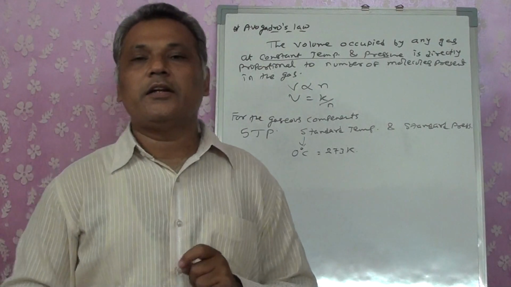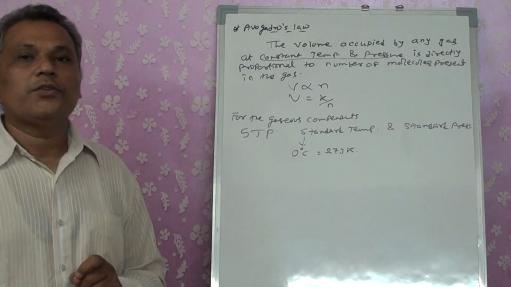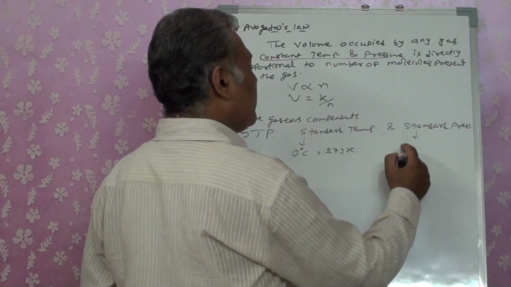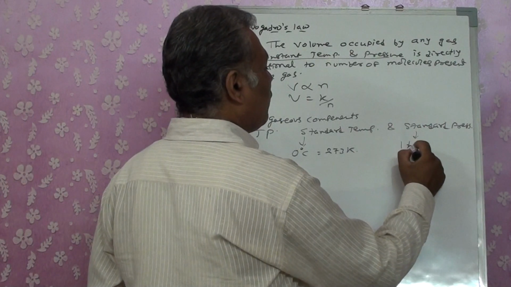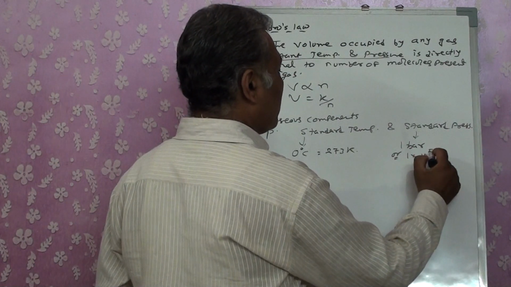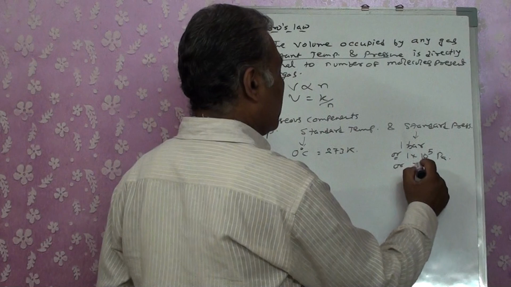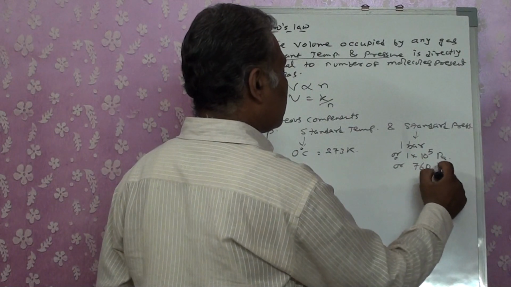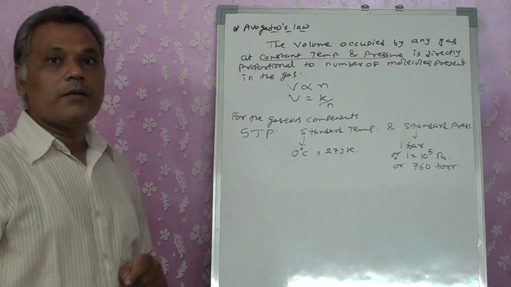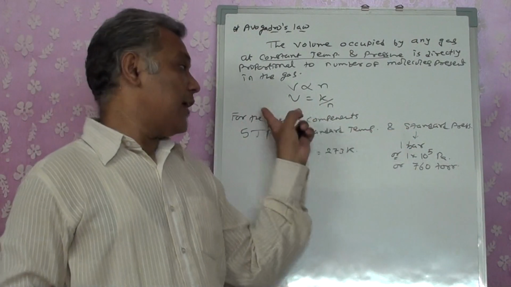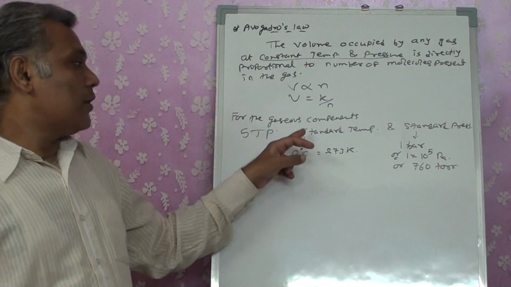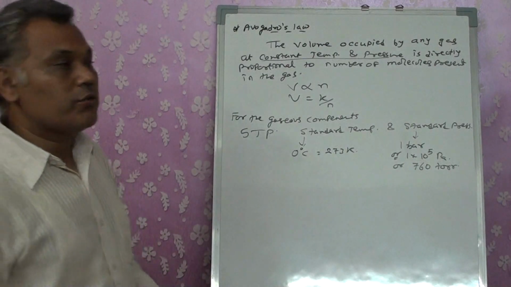In the same way, standard pressure we take as 1 bar, which is also termed as 1 into 10 raised to 5 Pascal, or in the smaller unit of CGS it is termed as 760 torr, right? So standard pressure for a gaseous component is fixed at 1 bar or 760 torr. Standard temperature is 0 degrees Celsius, that is 273 Kelvin.